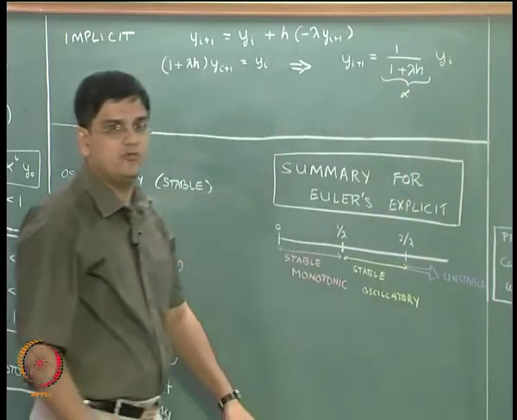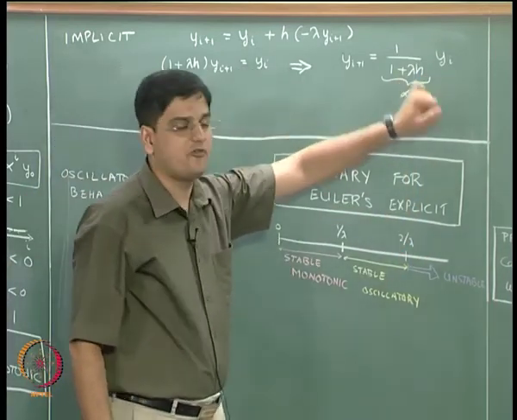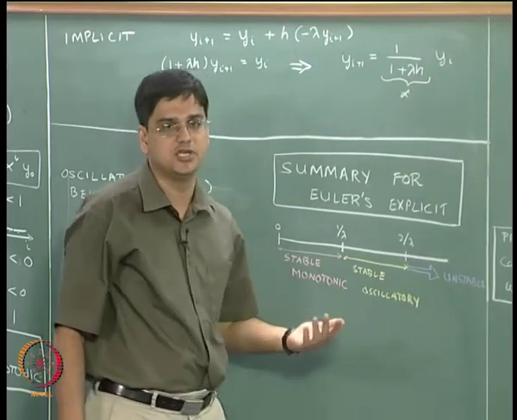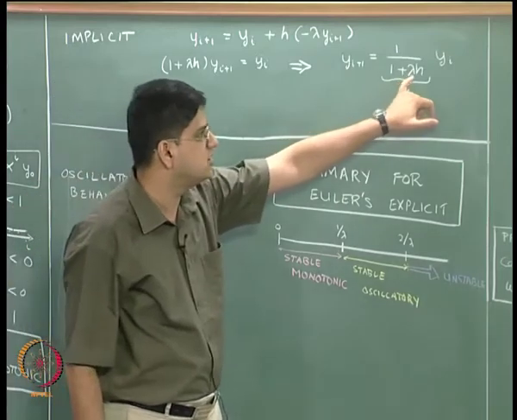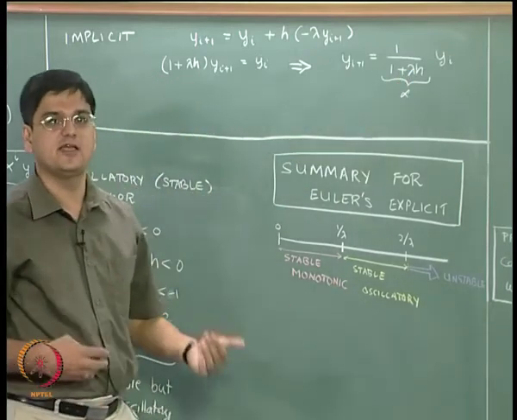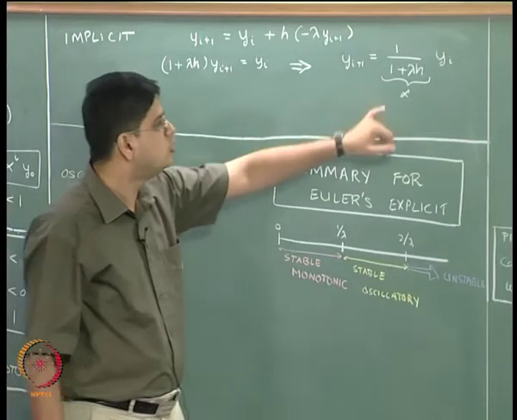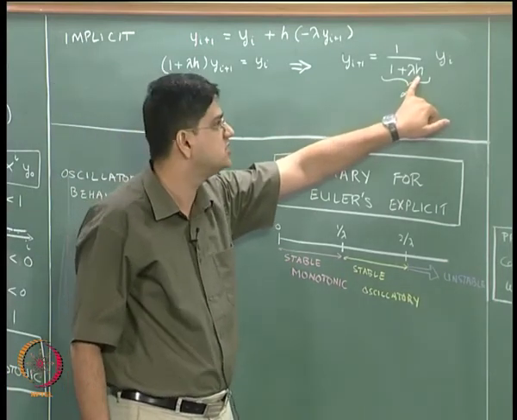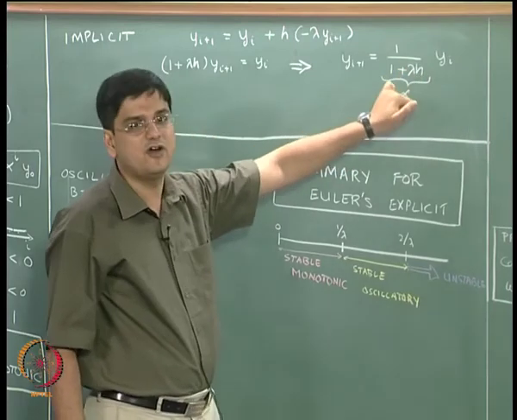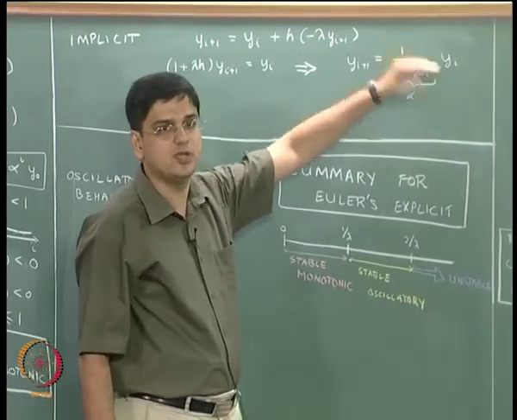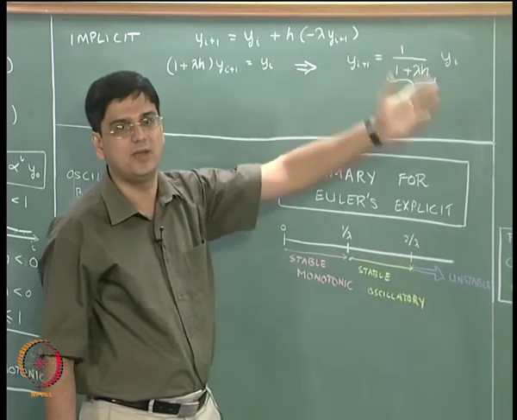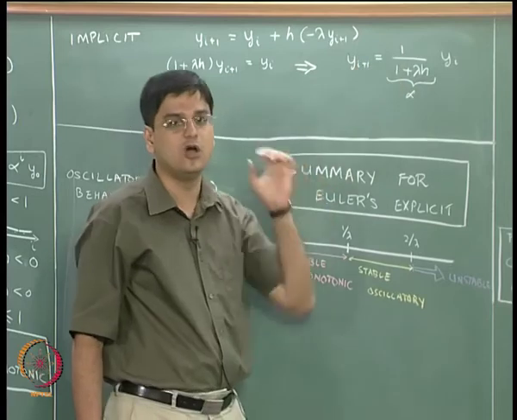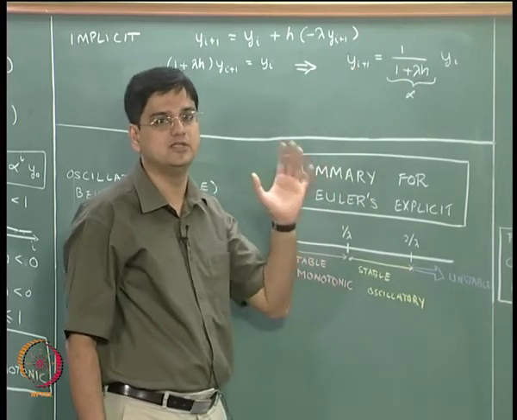Now, we know that for positive values of lambda the analytical solution is stable. So, we are only going to consider positive values of lambda. The step size is always positive. So, no matter what value of h we choose, any non-zero value of h, the alpha value is definitely going to be 1 divided by 1 plus some positive number, which means that alpha is always going to lie between 0 and 1.